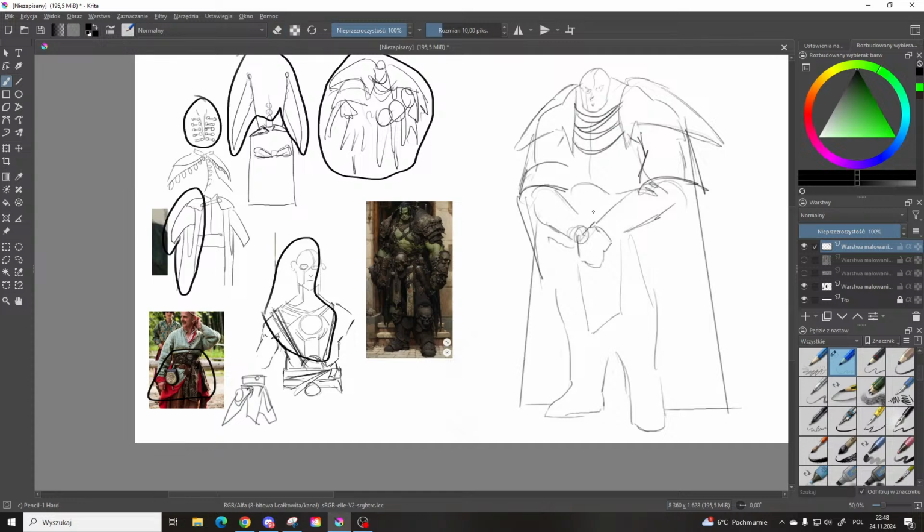Okay, so we have this one. We want this belt to be like this. His arms are still covering the belt though.